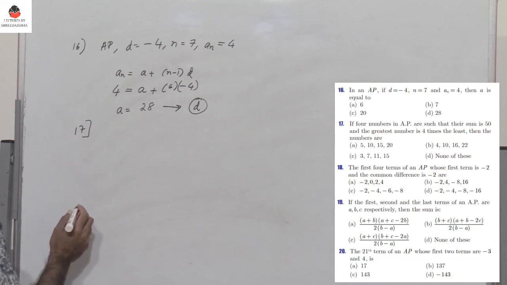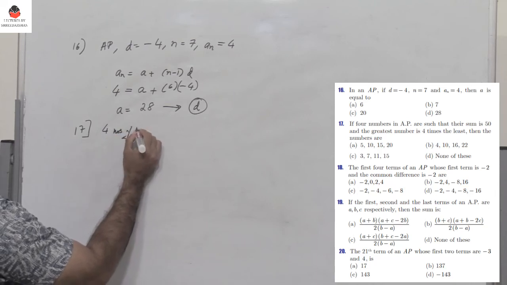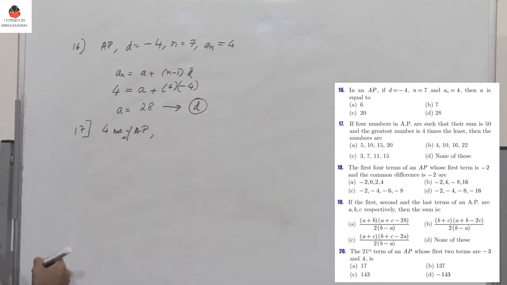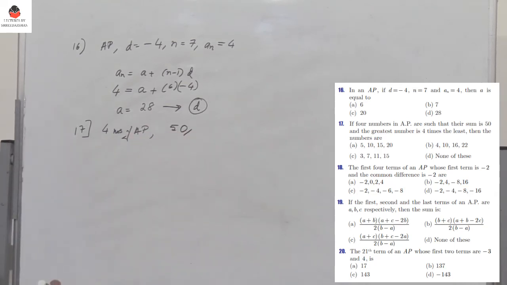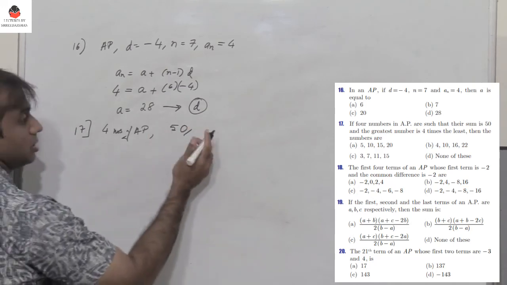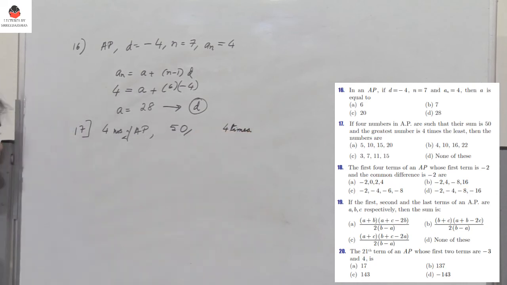Again, 17th one is a tricky one. If 4 numbers of an arithmetic progression are such that their sum is 50 and the greatest number is 4 times the least number. Alright.